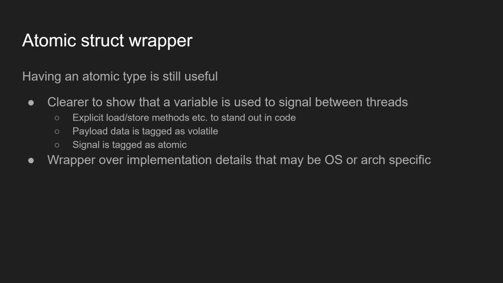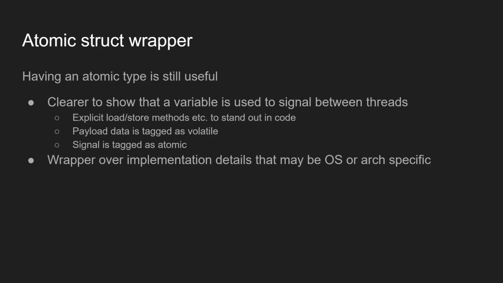In my code, I also tend to make a differentiation between something that is intended to be signaled through, which I will then call an atomic, versus more like payload data that the signal is indicating is ready.